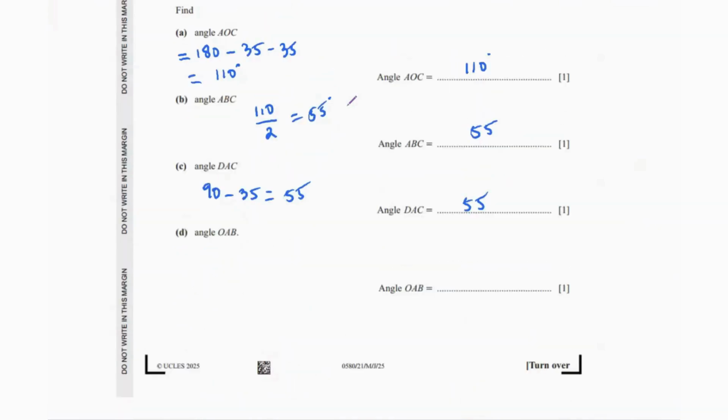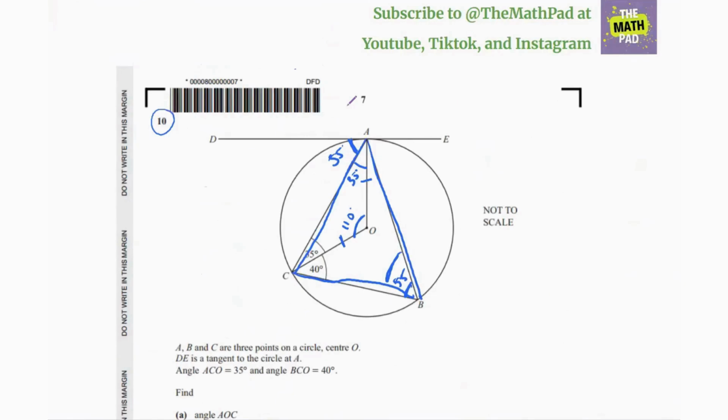And then angle OAB. So that's this one. Let me erase all of this first. Angle OAB is this. So we will draw a line over here. We know this is 40, so this is also going to be 40 because we have 3 isosceles triangles.